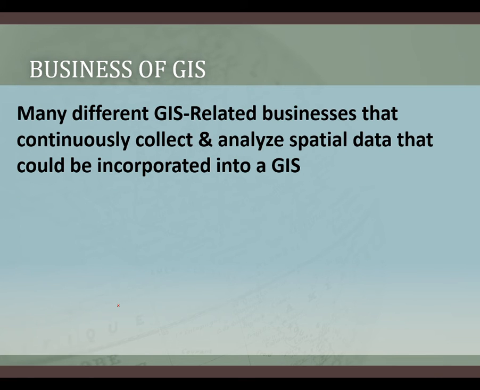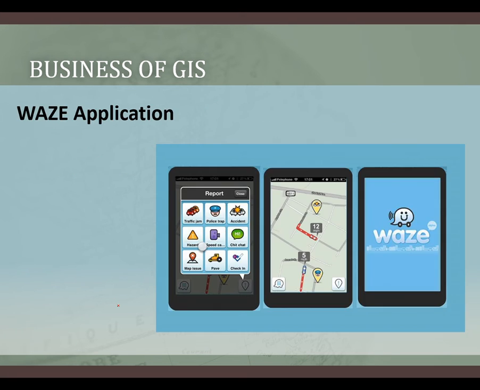There are many different GIS-related businesses that continuously collect and analyze spatial data that can be incorporated into a GIS. Here we want to digest this sentence and figure out how we can have our own business that deals with GIS.